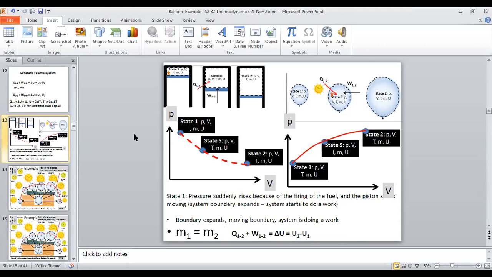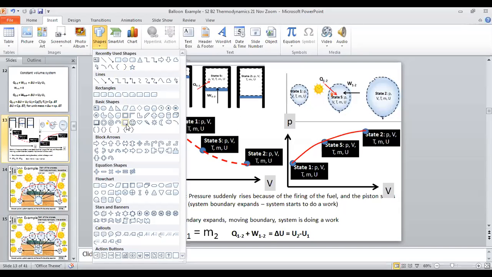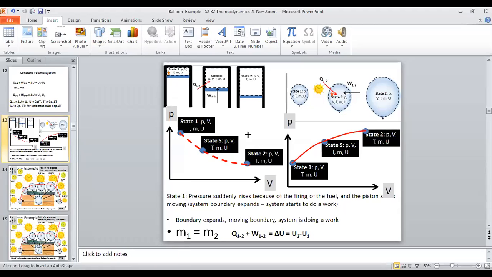Any questions before moving forward? When you think about these graphs, always try to relate this to the physical phenomena, or physically what's happening. So in this case, you have to have this imagination.